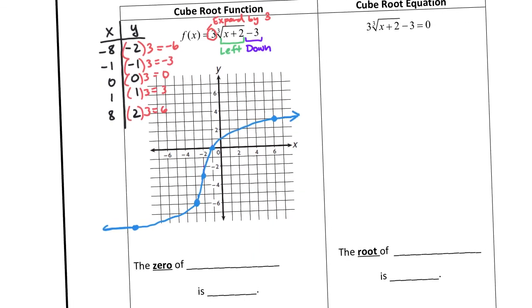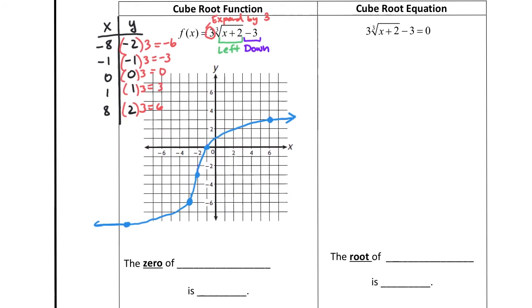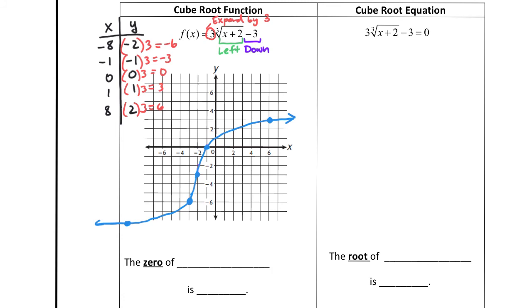Let me zoom out here so we can see the whole question. So it's asking about the zeros. That's the x-intercept, right? The x-intercept of what? The zero of what? Well, of the function.